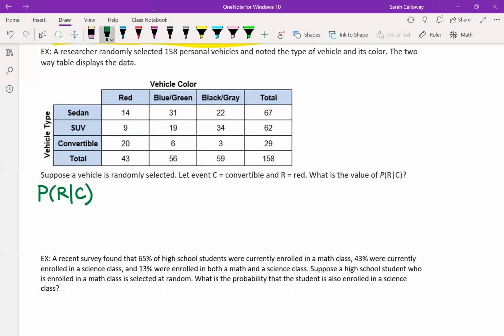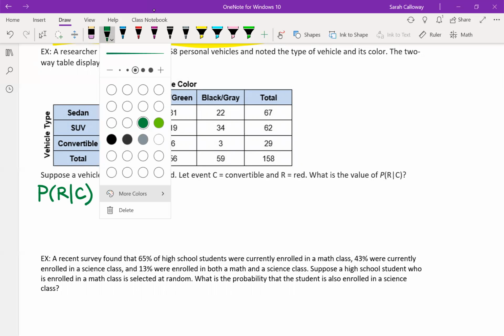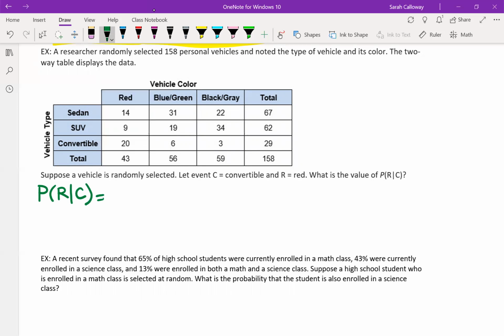Ultimately, what we're looking for is the probability of red and convertible divided by the probability of a convertible.